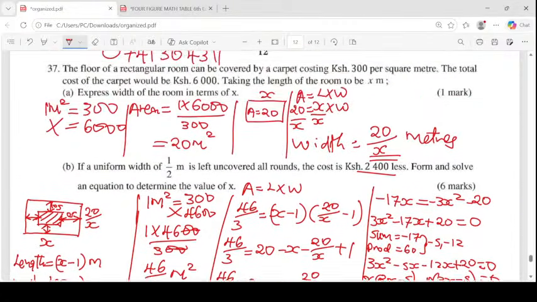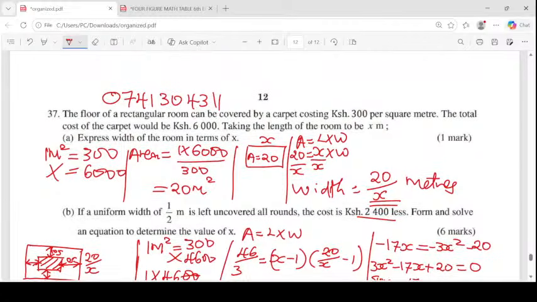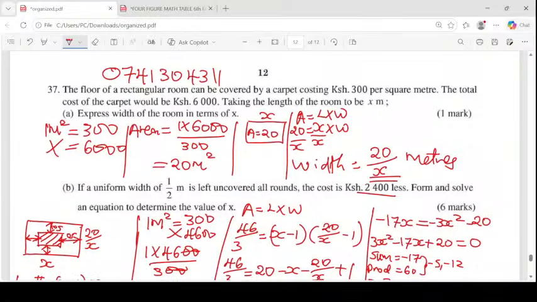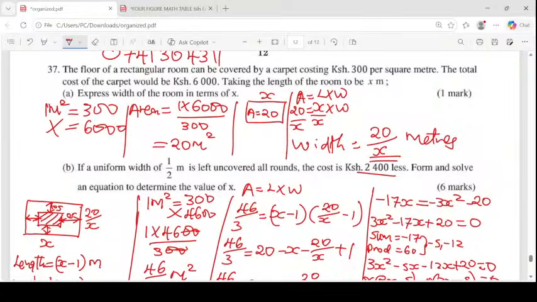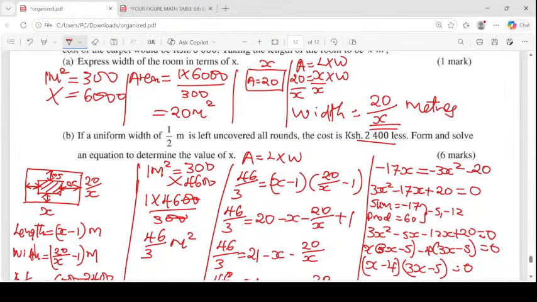This one should be equivalent to, I had 300. Let me see. Times 300 shillings will be equal to 2400 less. The place I missed is where I did this multiplication.